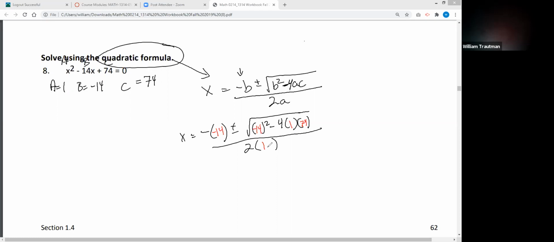Then square root, negative, square root with parentheses. Raise it to the second power. Subtract 4, parentheses 1, parentheses 74, close parentheses, all over 2 times 1 is 2. I'm just going to put 2 in there. So that's not an easy thing to type in.